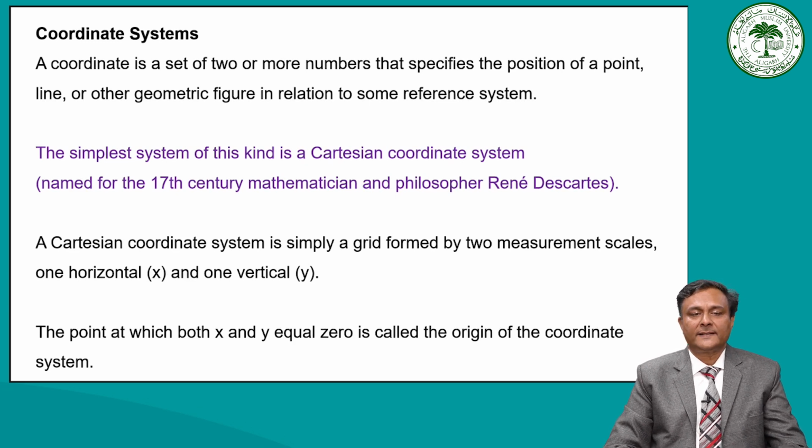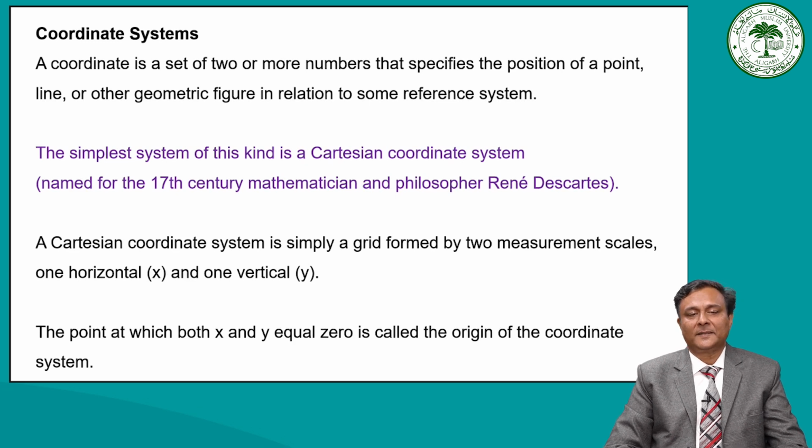So a coordinate system is a set of two or more numbers, digits, that specifies the positions of a point or a line or an area or a geometric figure in relation to some reference system. That is the objective, or use, of a coordinate system.